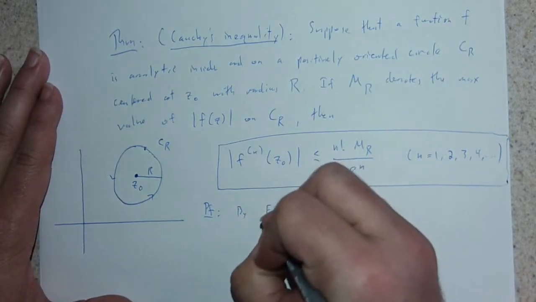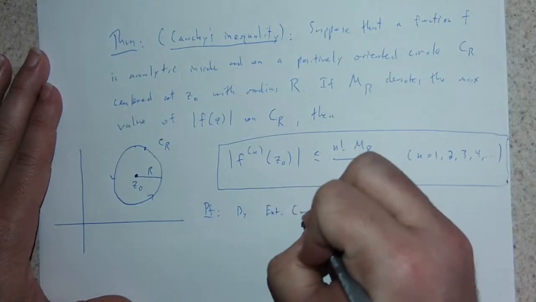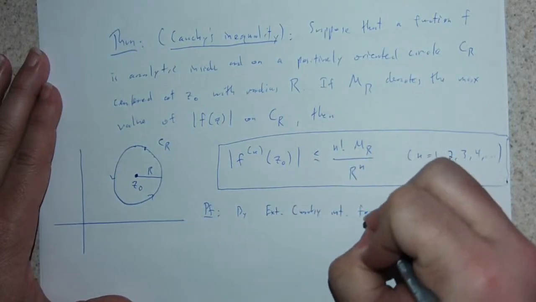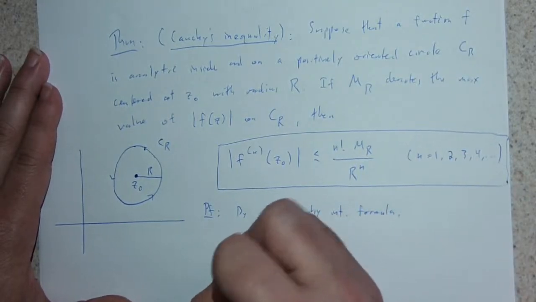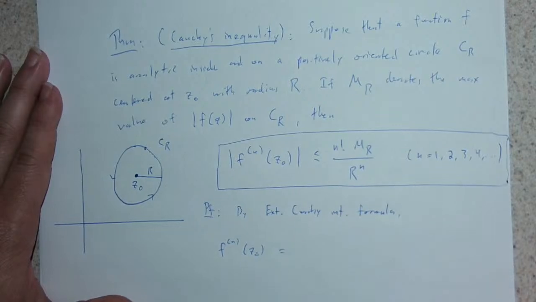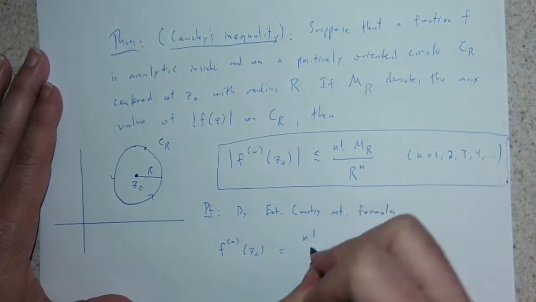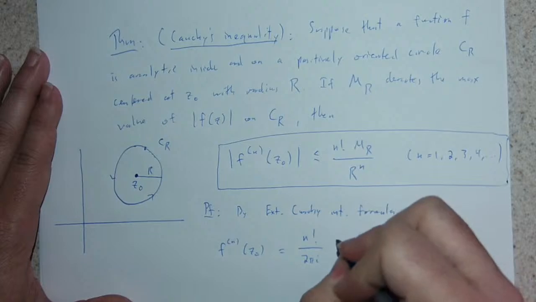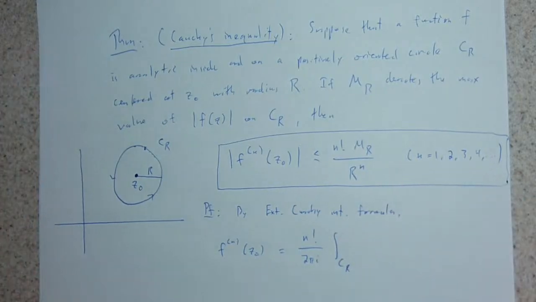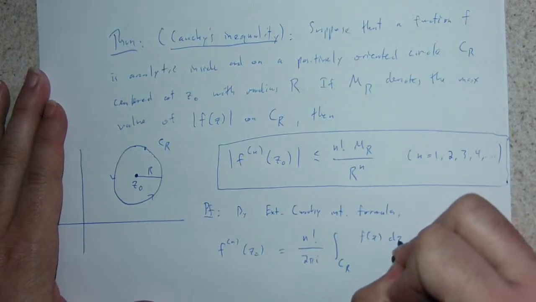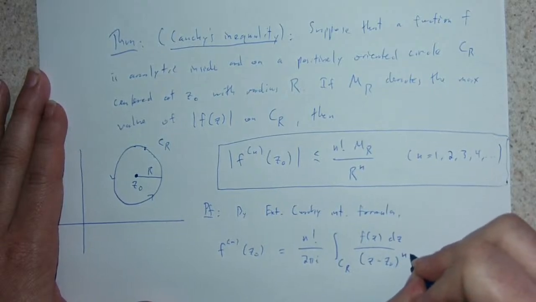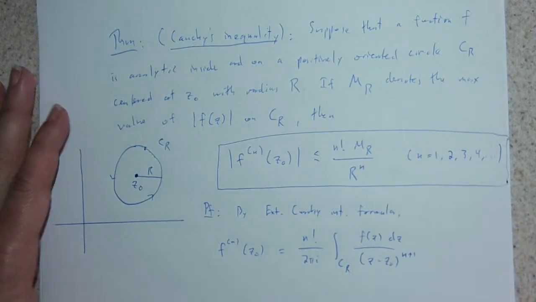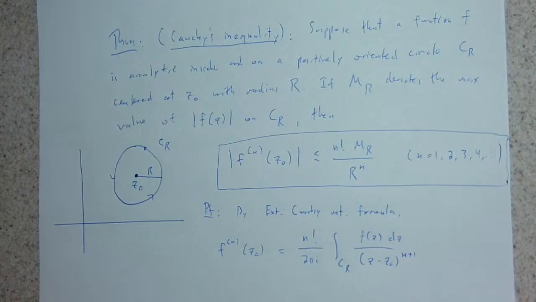By the extended Cauchy integral formula, we know that the nth derivative of f at z naught can be computed by this integral. It's n factorial over 2 pi i times this contour integral over C sub r of f of z dz over z minus z naught to the n plus 1. And that's true for all n.